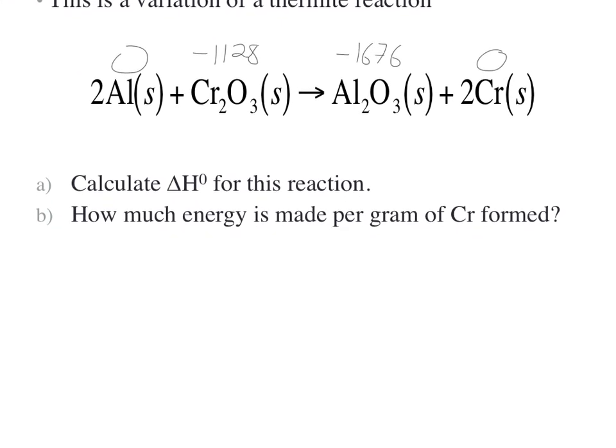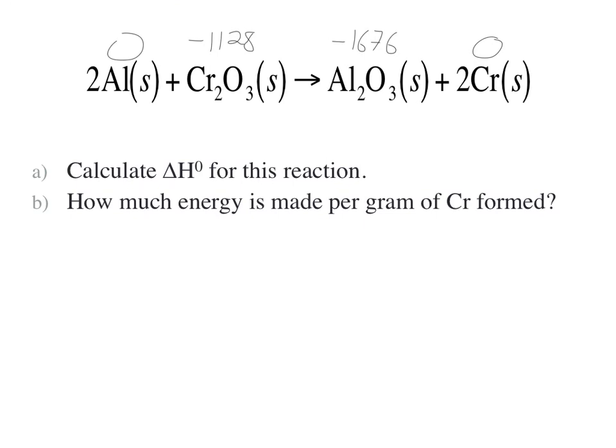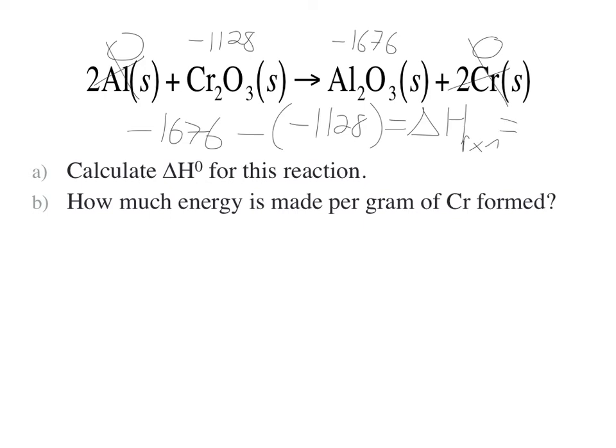If we get our formation equation, since the chromium is 0 and the aluminum is 0, my product is the aluminum oxide, negative 1676, minus my reactant, which is negative 1128. So both the coefficients are 1 there. The heat of the reaction is going to be negative 548 kilojoules.